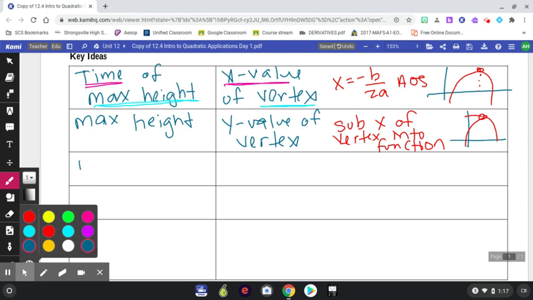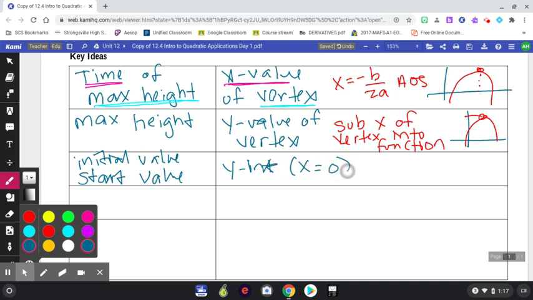I'm also going to be asked to find an initial value. Yikes. An initial value or a starting value. And that is being related to the y-intercept. And remember that for y-intercepts, all x values are equal to 0.